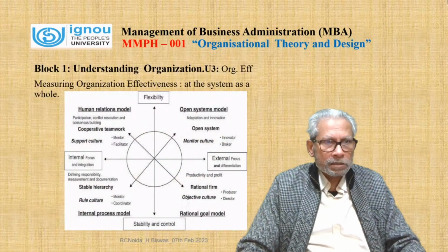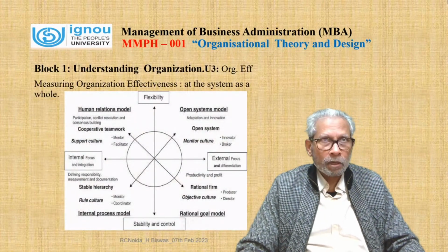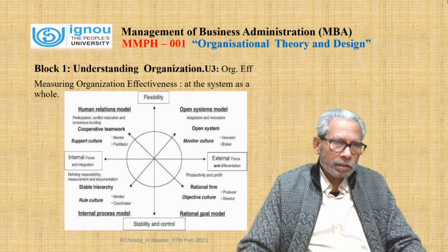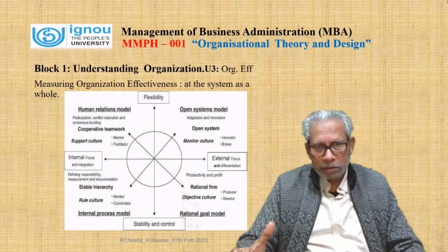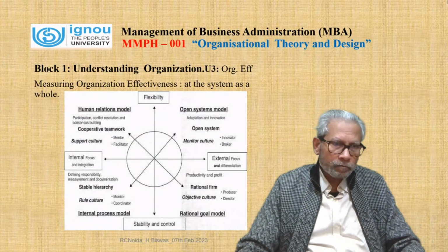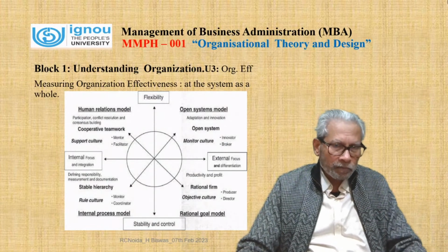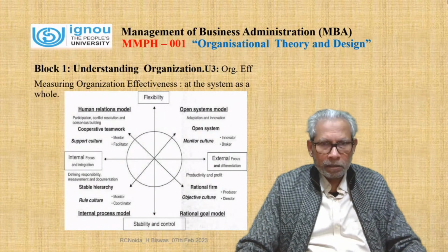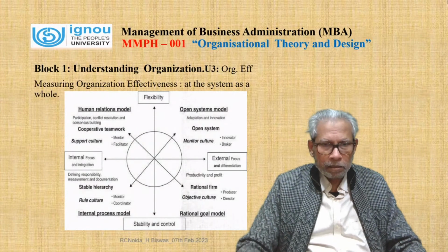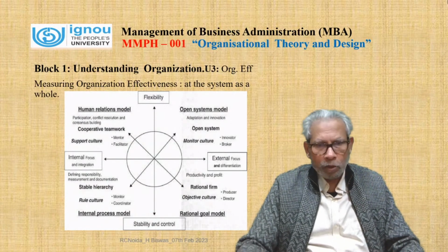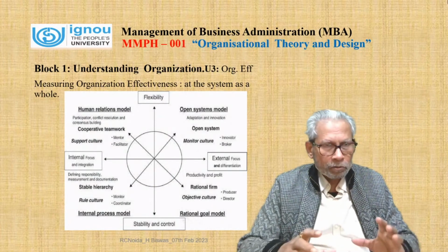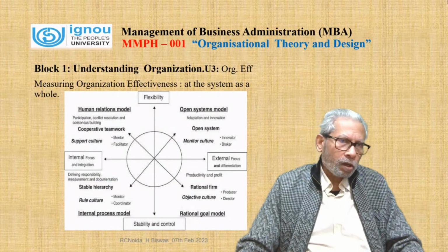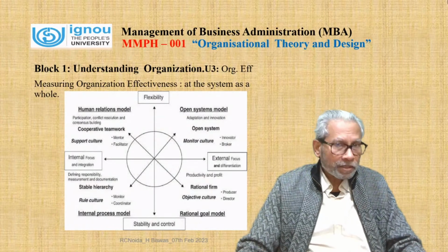Now one of the structures given here is the flexibility, human relations model, and the open systems model, with internal focus, stability, external focus, and relationships. Some of the objectives are total stability and control. That is how to measure the effectiveness of the company.